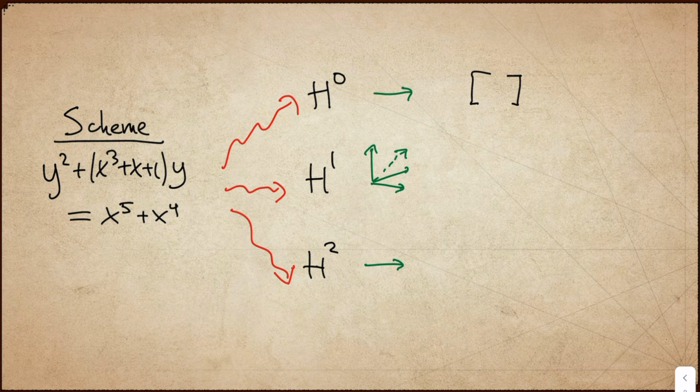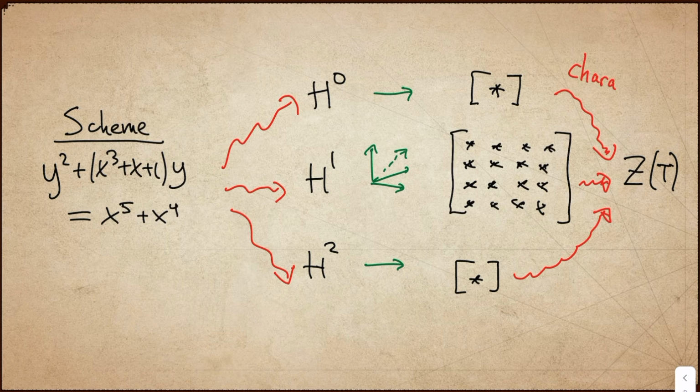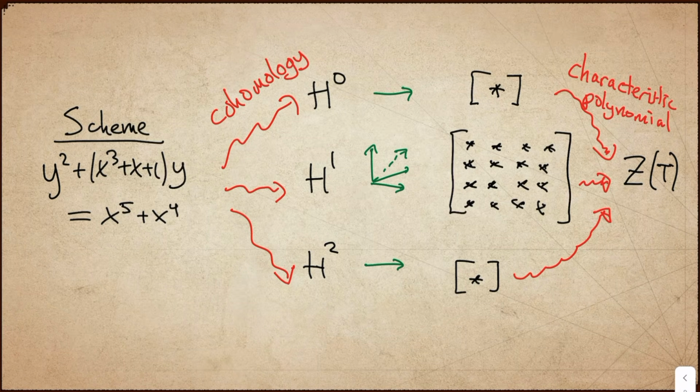Think of it as a matrix. Here a 1 by 1 matrix, here a 4 by 4, and a 1 by 1, with some numbers in them. Finally, each polynomial in the zeta function will be the characteristic polynomial of that matrix. The vector spaces are called cohomology groups, and the matrices are called Frobenius.